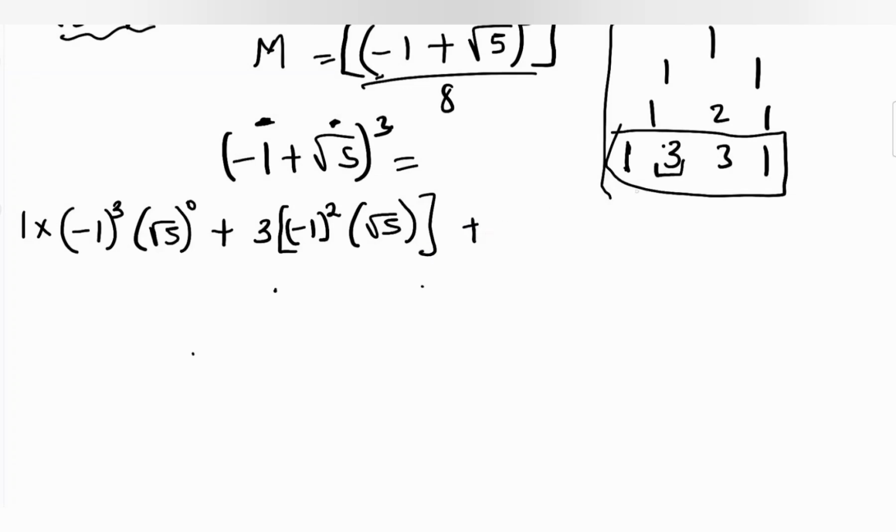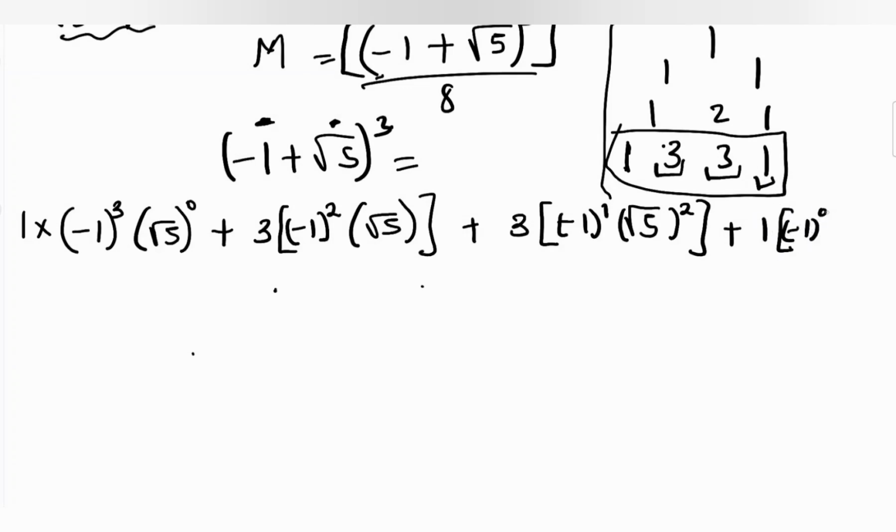Then plus the next term, 3 into (-1)^1, then (√5)^2, it increased to 2. Then plus the last term, 1 into (-1)^0, then (√5)^3.